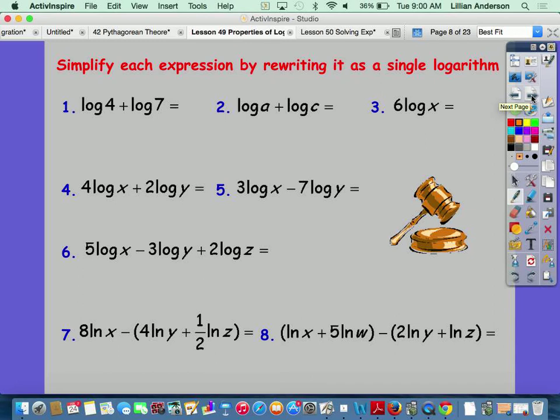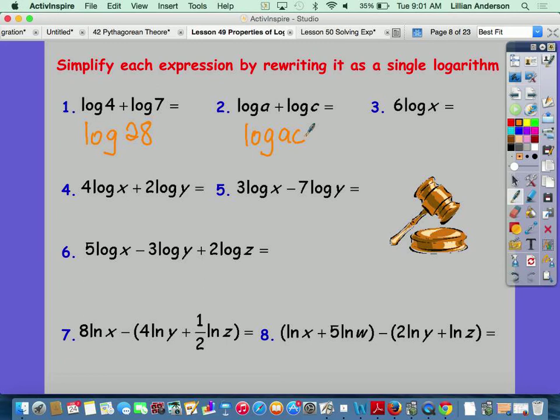So we can use these properties to simplify different logarithm expressions to a single logarithm, and vice versa. We can also expand them. So right here, the log of 4 plus the log of 7 can be written as the log of 28, because all I do is multiply 4 and 7. The log of A plus the log of C would be the log of AC.